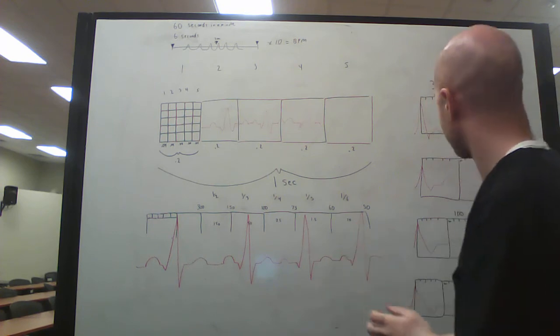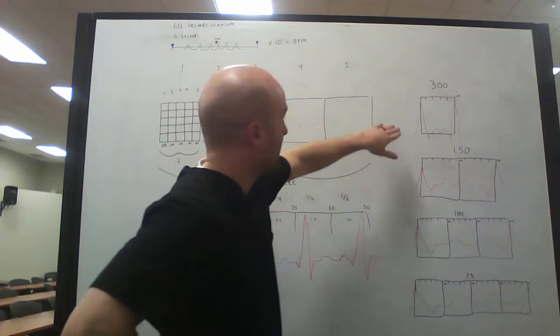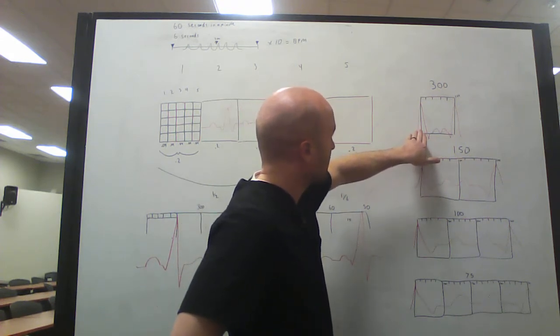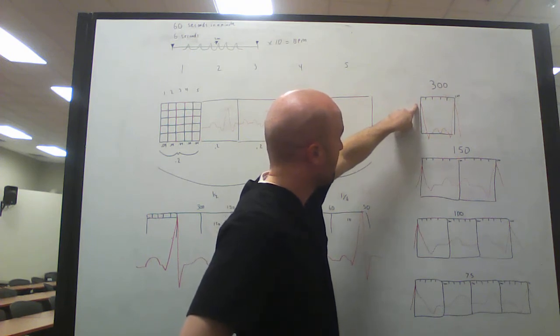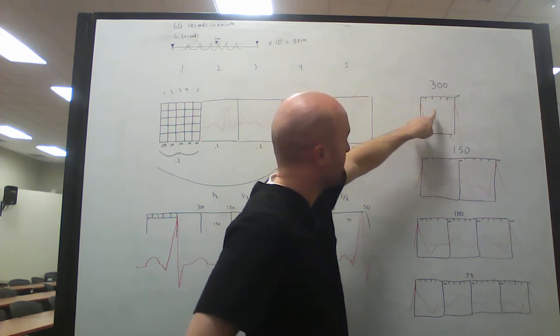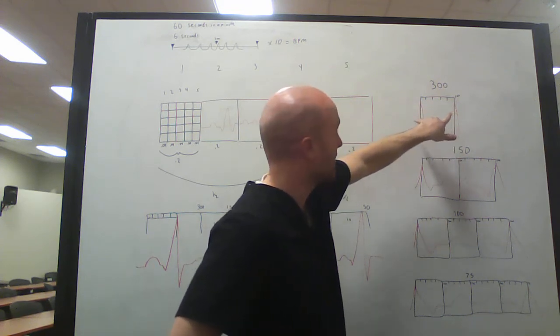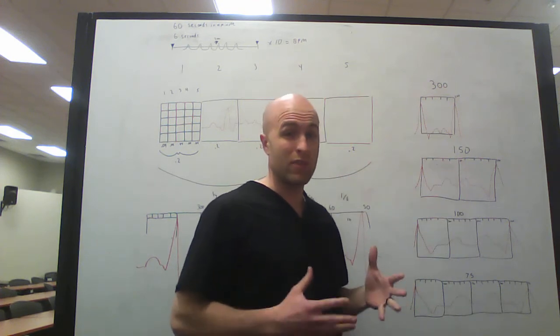And so looking up here, let's say the person had one wave right here, and then within the lapse of 0.2 seconds, they had a second wave. That means that their heart's beating really fast.